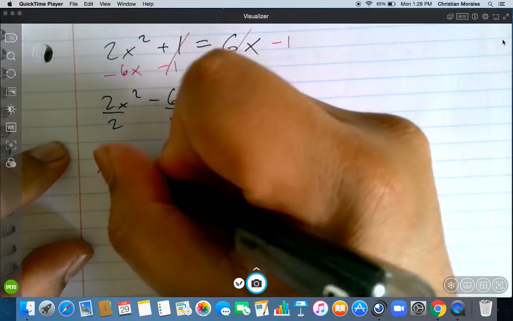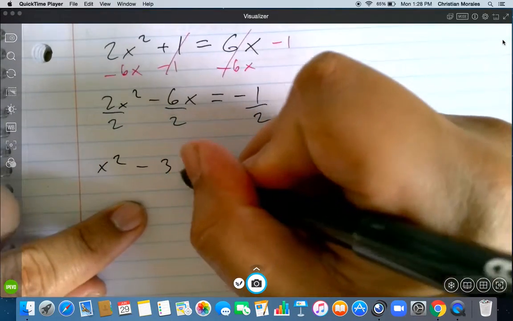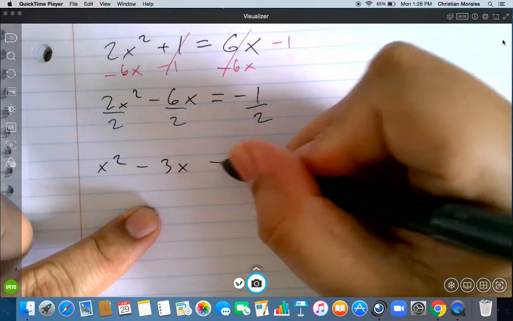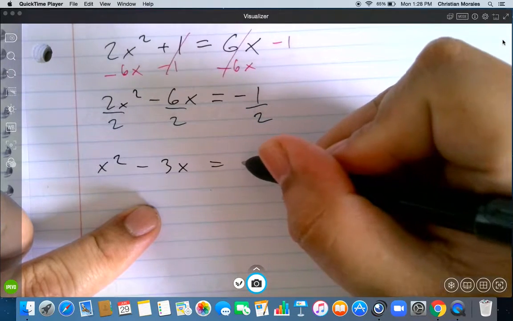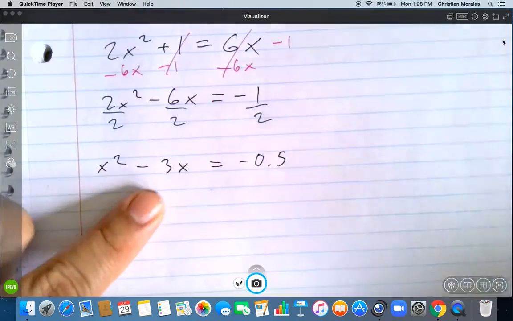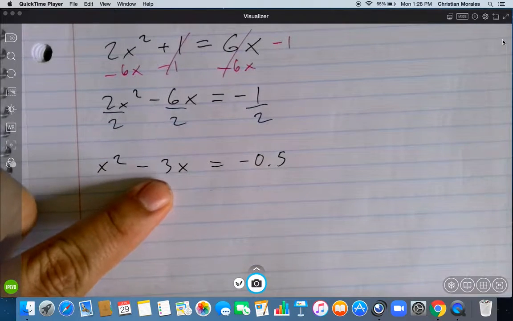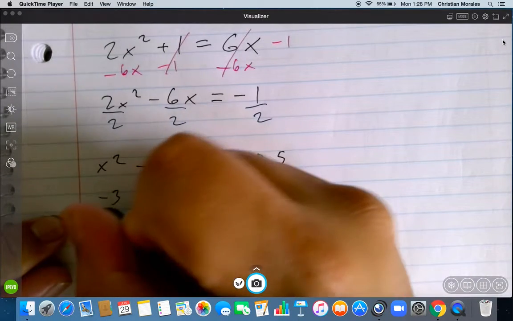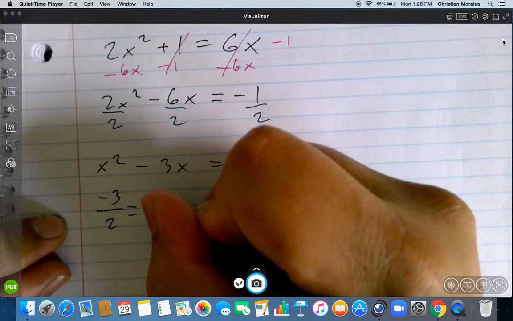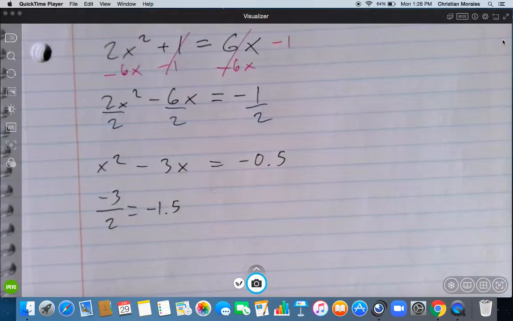So I have x squared minus 3x equals, I'll just turn this into decimal, negative 0.5. So I'm going to have decimals here. I'm going to use decimals. So feel free to do that. Once you get into decimals, just use your calculators, okay? Okay, to find the c value, I take my b, I split it in half, I get negative 1.5.